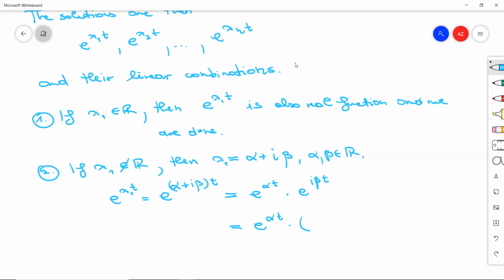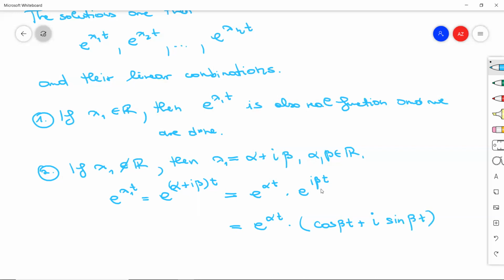Now, what is this e to I beta t? How can we write this in the polar form? Do you remember Euler's formula? Yes, it's cosine of beta t plus I times sine of beta t.